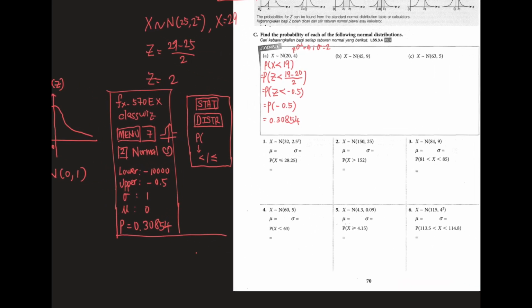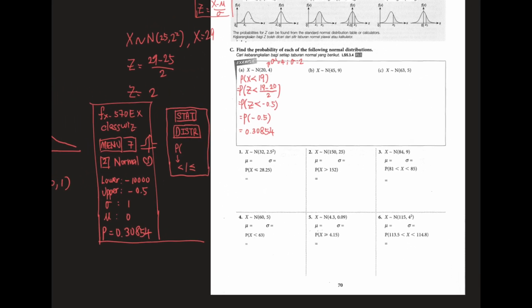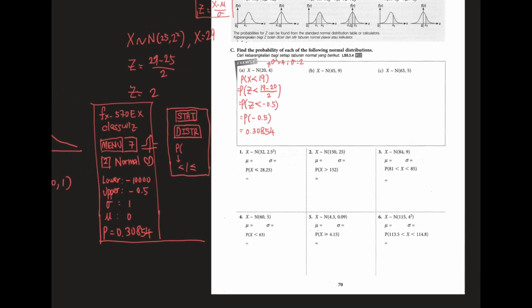Now let's look at B first. You have this normal distribution, and the question is missing. I add back the question: P(X more than or equal to 47). First you have to change it to a z-score.